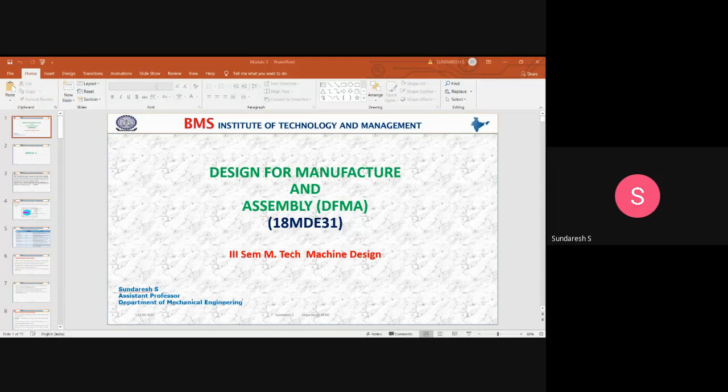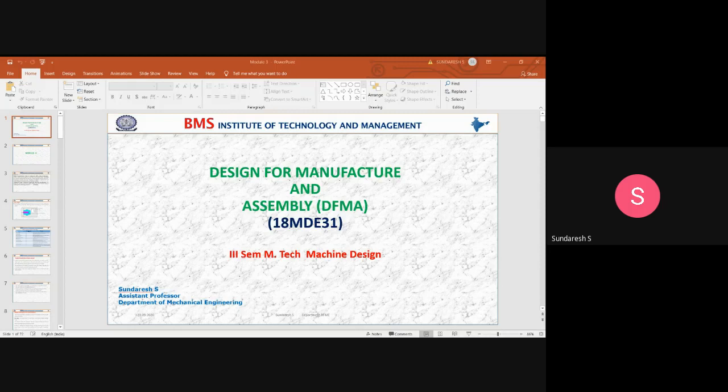So as a design engineer, understanding the concept of DFM, you should be in a position to know how we can design the components for different manufacturing processes. You might have studied the design of components or machine elements in your UG, and maybe to a certain extent in your PG.